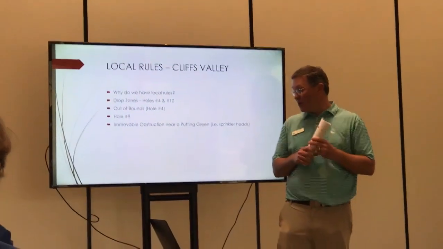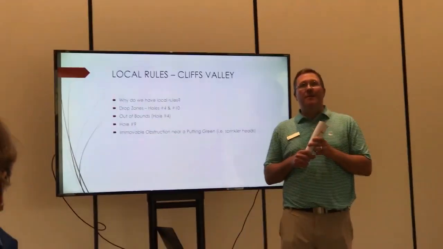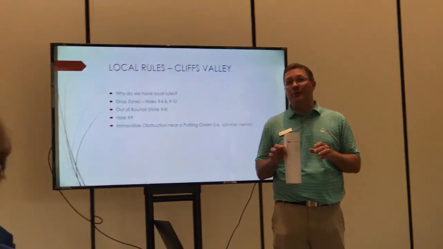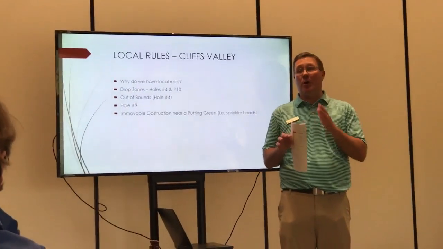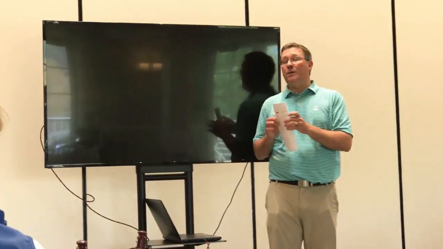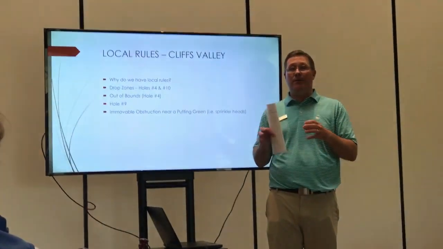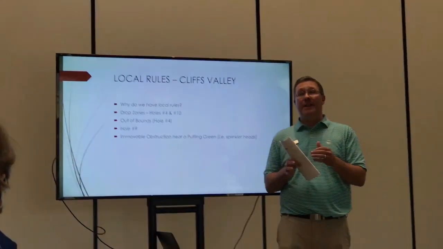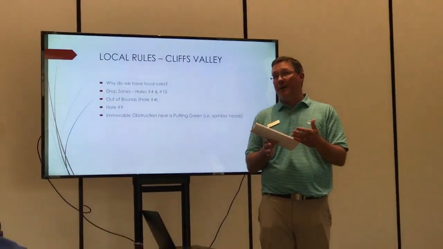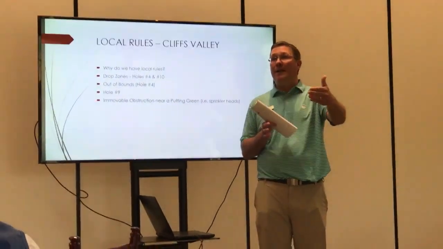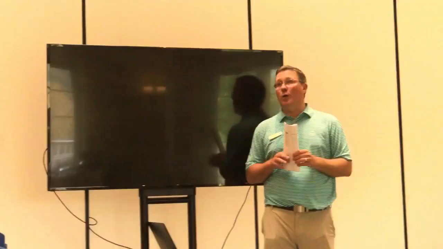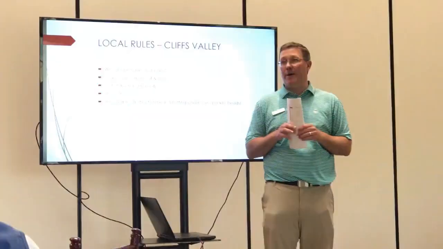Okay, movable obstructions near a putting green. This is a Cliffs local rule, and we use it at all Cliffs courses, which basically states that if your ball is within 2 club lengths of, in effect, it's mostly sprinkler heads, a movable obstruction that is no more than 2 club lengths away from the edge of the green, and it's on your line of play, you are entitled to relief no closer to the hole up to 1 club length away.